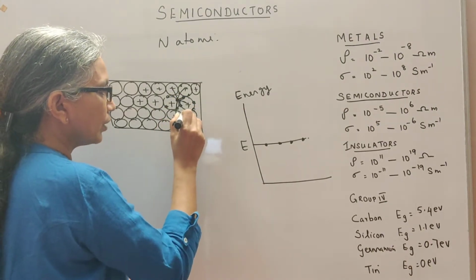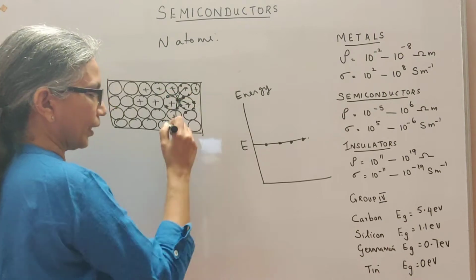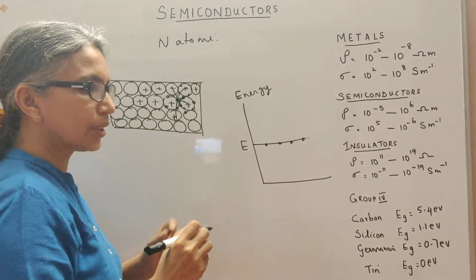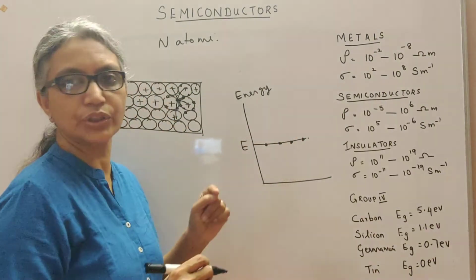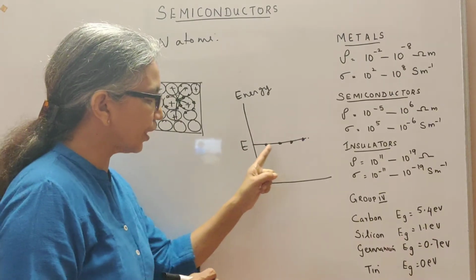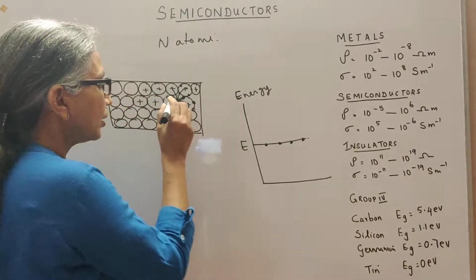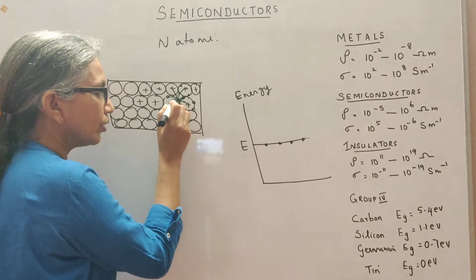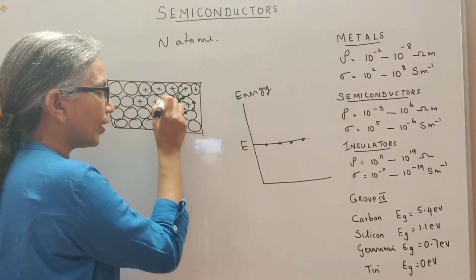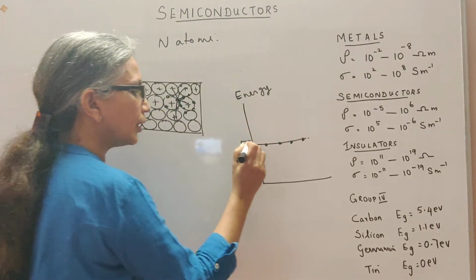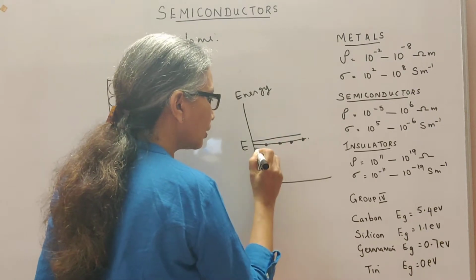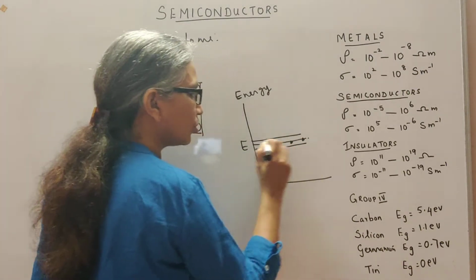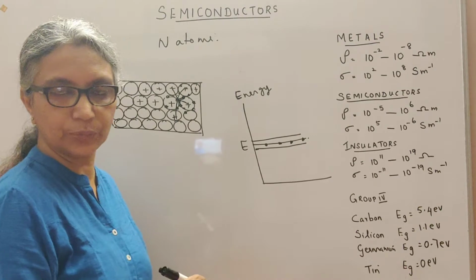Also, it can interact with the other electrons that are close by. So there will be a slight change in its energy. Instead of having this one single energy, the energy of this one electron out of the 4 valence electrons can slightly increase, or it can decrease from the original value.